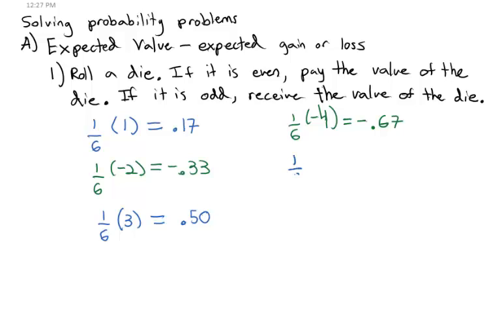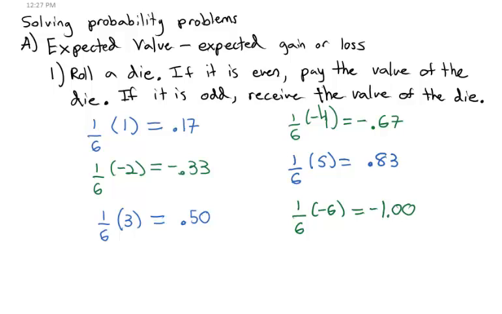But when you roll a 5, you win. So 1/6 times 5 gives you 0.83 as your winnings, on average, out of 5s. And from the 6s, 1/6 times -6, because you're losing, that's going to be -$1 on average from 6s.